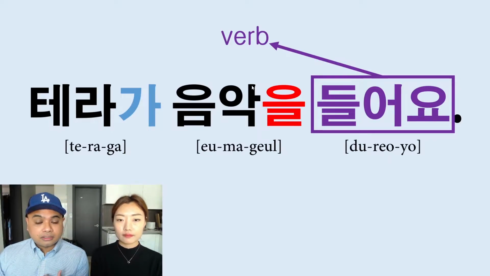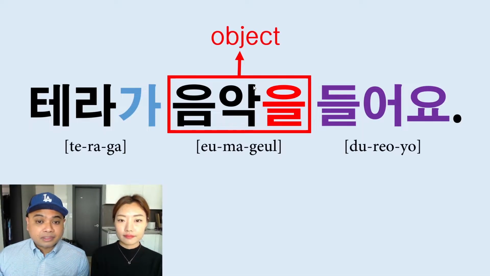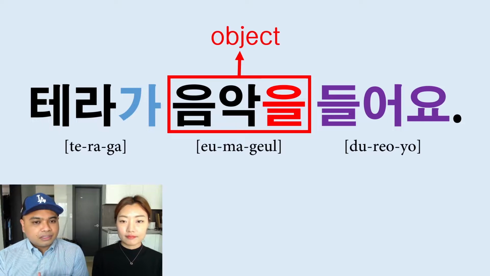Now, we're going to focus on the object today, and we're going to attach the marker to music, umak. In the beginning of the video, we talked about how sometimes it's necessary, sometimes it's not, especially for a simple sentence.